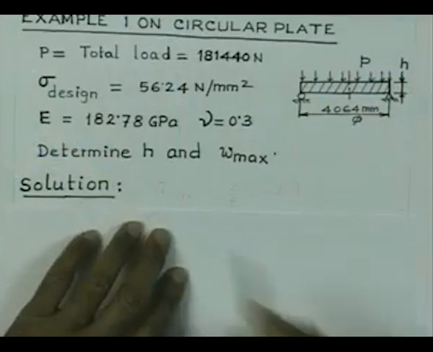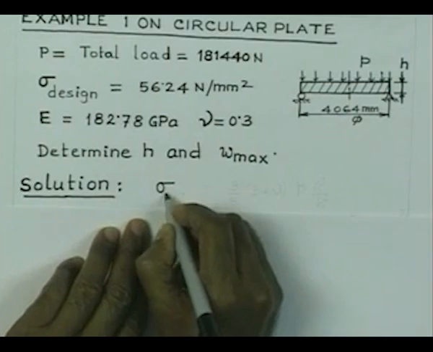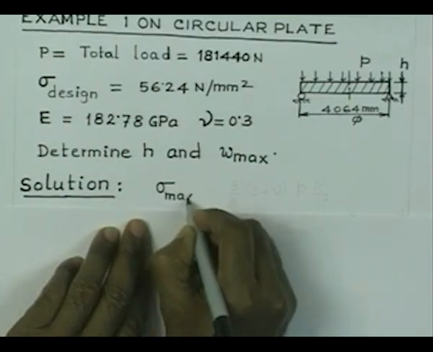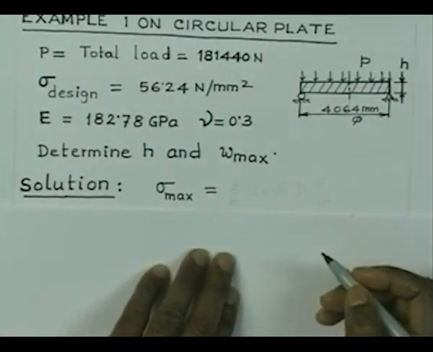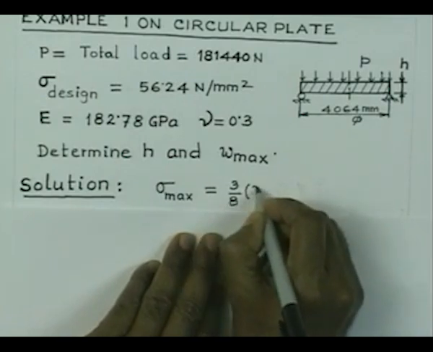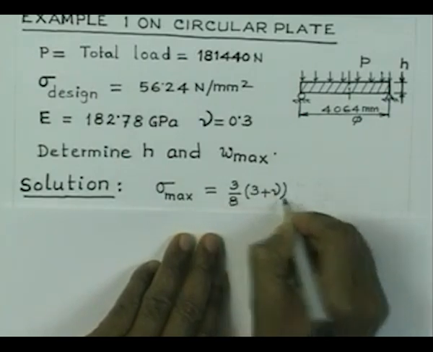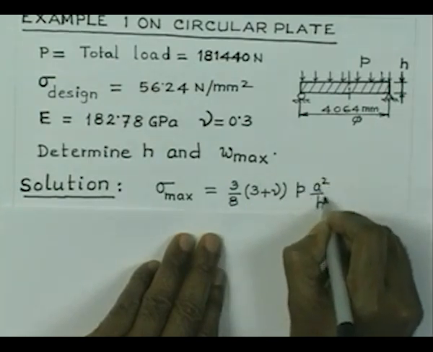So, let us now go for calculations, and in fact, this is going to be a direct application of the formula that we have derived. Let us look at the solution. The maximum stress in the case of a circular plate subjected to uniform loading and simply supported at the edges was at the center, and its magnitude was 3 by 8, 3 plus nu, p a square by h square.